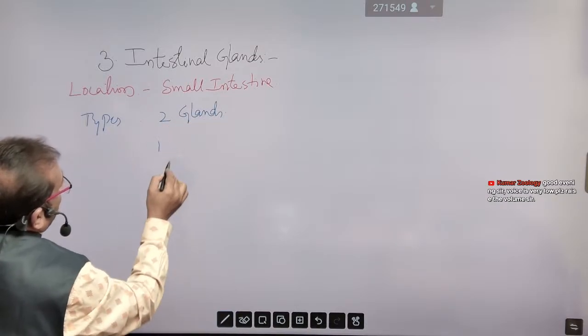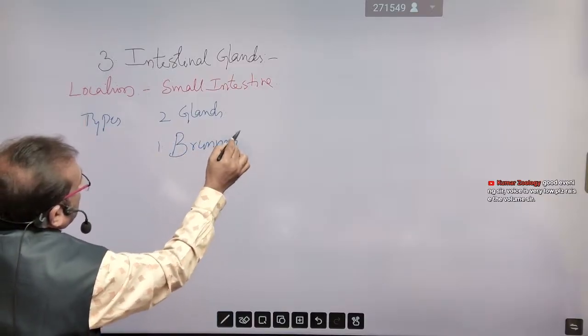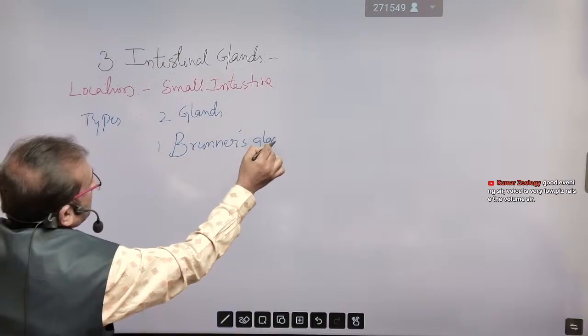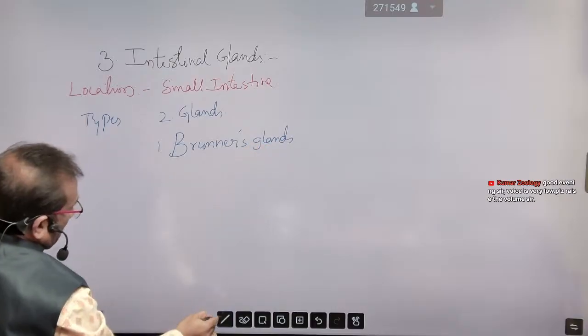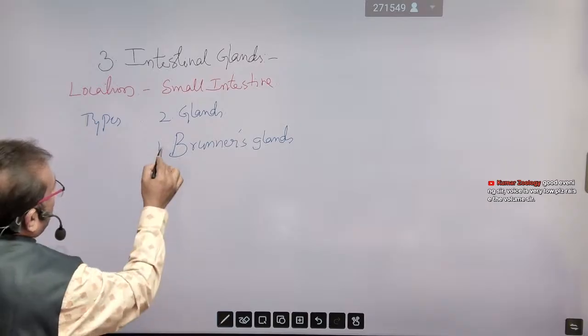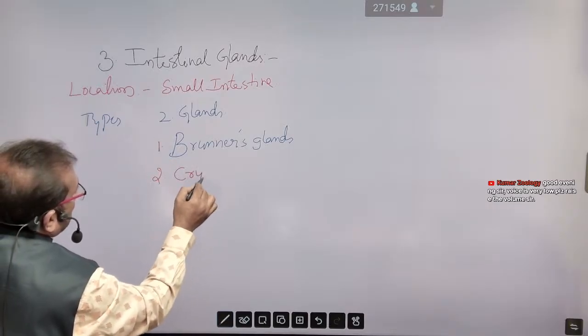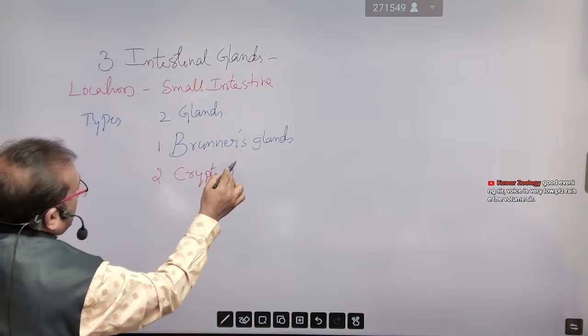One is Brunner's gland, and the second one is the crypts of Lieberkuhn.